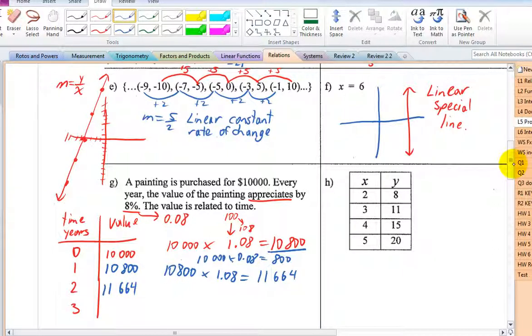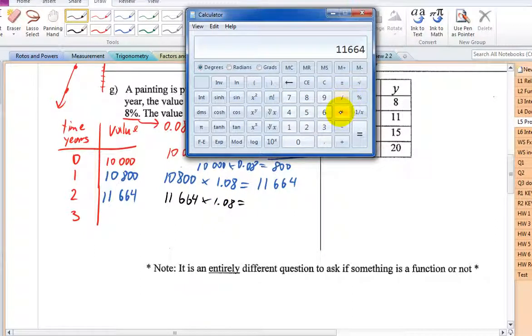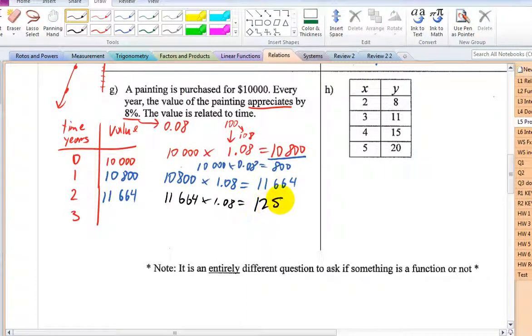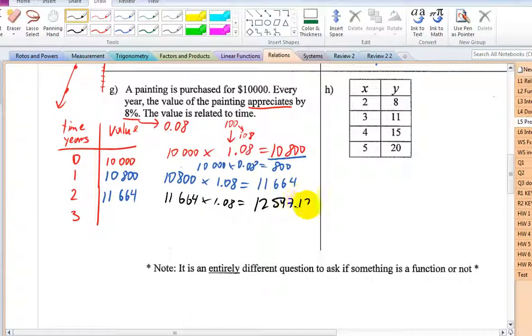Okay. So for the next year, it's now 11,664 times 1.08. And so now it's 12,597.12.